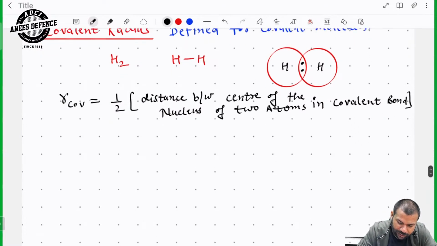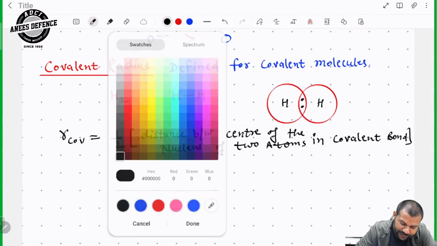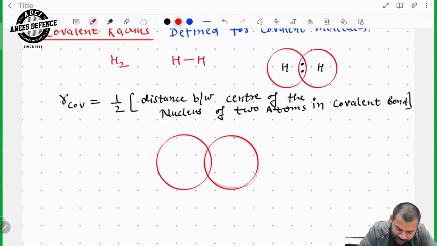For example, if I take the hydrogen molecule, it will be like this. This is one hydrogen and this is another hydrogen. Here we have the nucleus of the first hydrogen and here the nucleus of the second hydrogen. So the distance between them is this one.